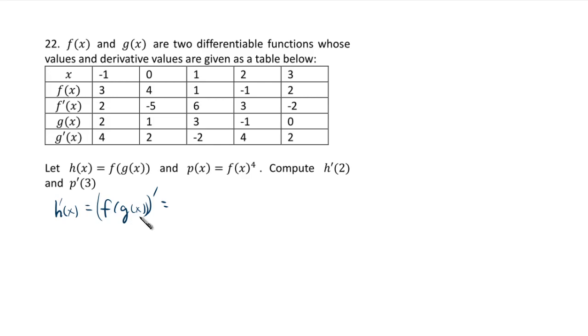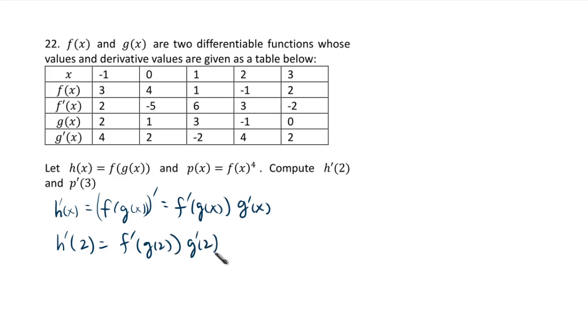g of x is inside f of x, so you differentiate the outside function, pull the inside out and attach it, and therefore h prime of 2 would be f prime of g of 2 times g prime of 2. Now what's g of 2? Let's see, g is here. At 2 it's negative 1, right? So we know that g of 2 should be negative 1, f prime of negative 1.